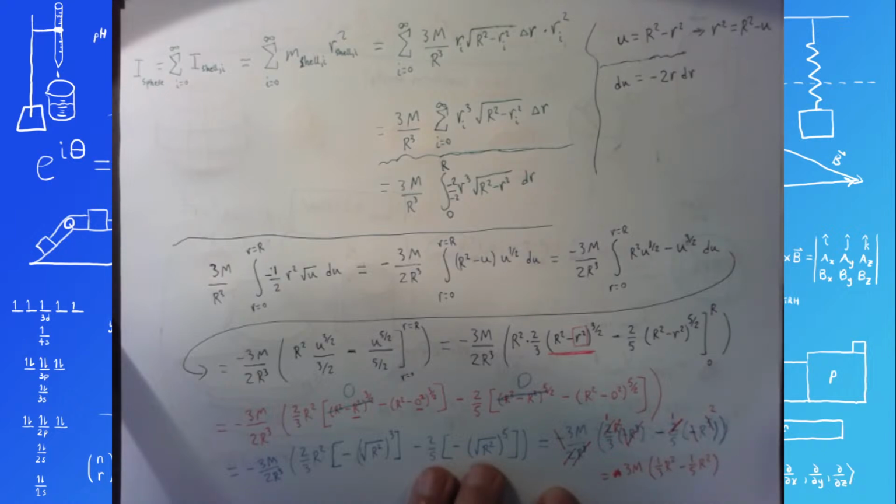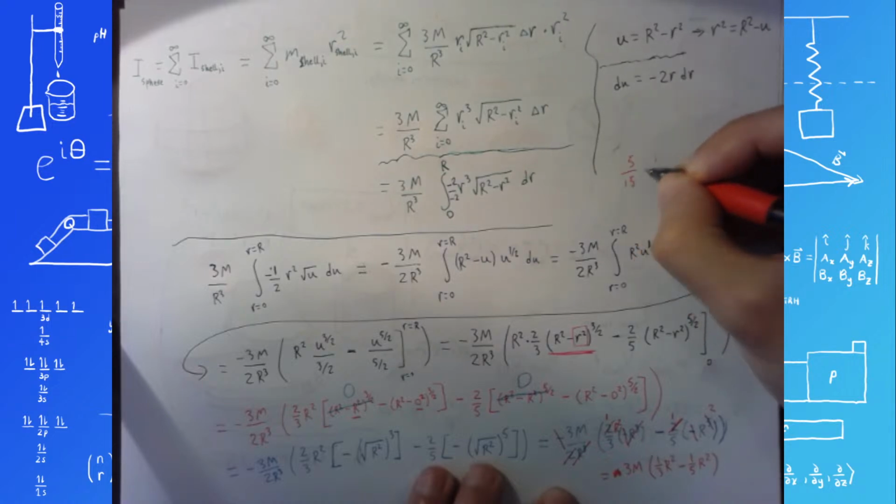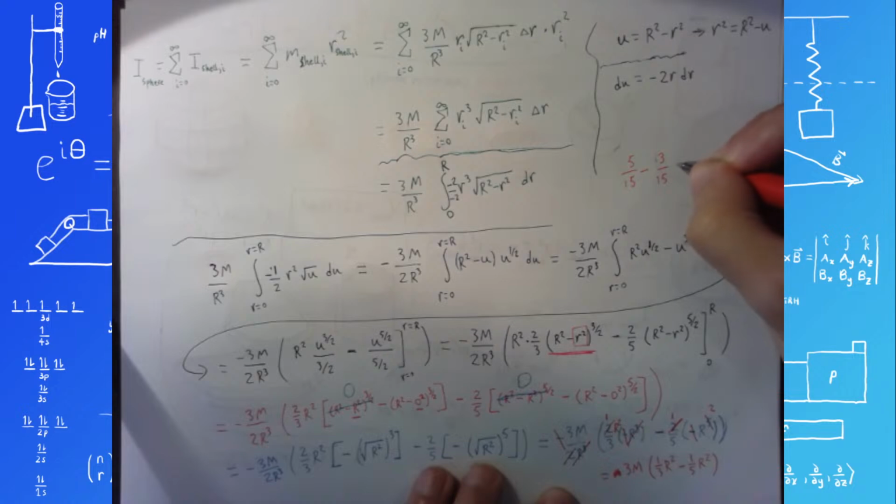Let's see, so 1/3 is 5/15 minus 1/5 is equal to 3/15. That's going to be 2/15.